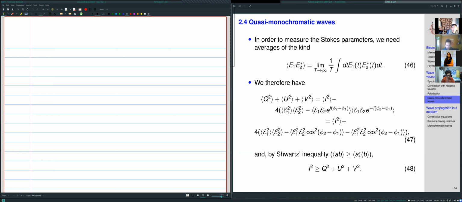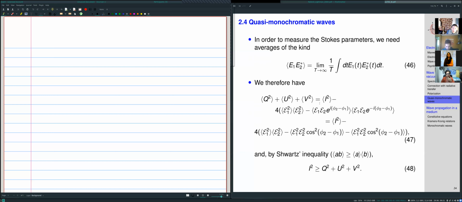And you'll find that in the time averages, the oscillating exponential goes away in all those E1 times E2 conjugates. That's where you kill the exponential i omega t. And then after a bit of algebra, you can come up with this relationship.